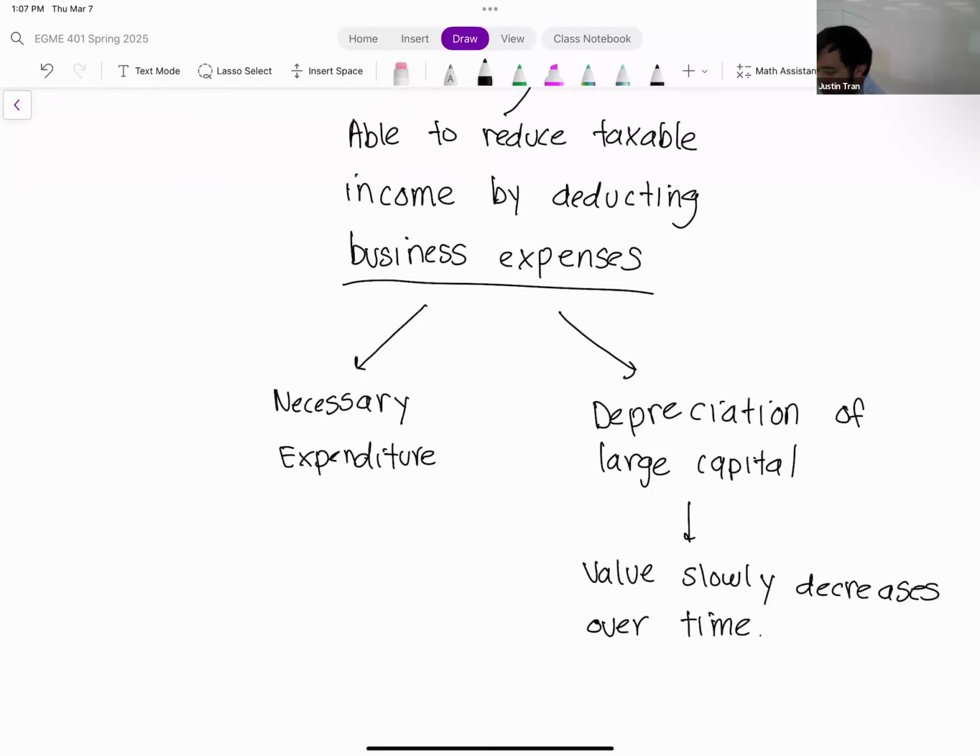And so what we said for tax purposes is that if you're buying a large piece of capital equipment and you're doing your taxes, the amount of deductions that you can take should equal the amount of value that purchase lost per year.